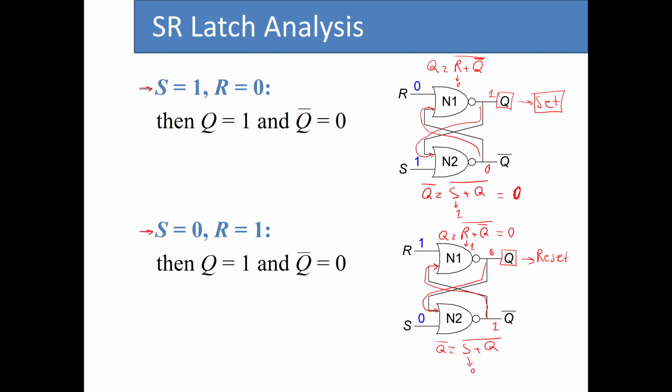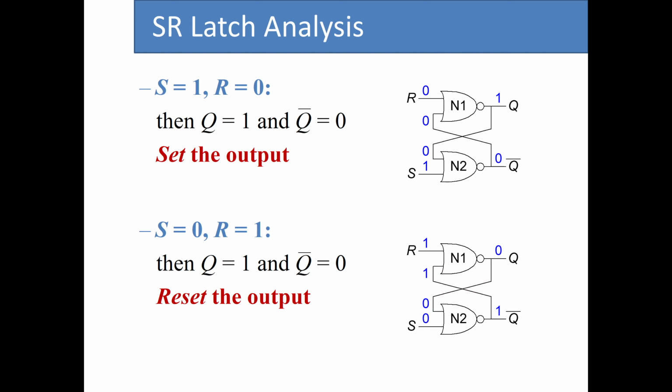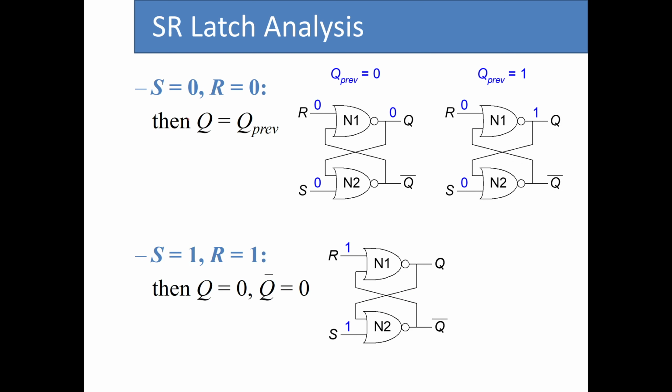But still, we didn't talk about the memory functionality. So let's just go over the next combination. The next combination is for when S and R are both 0. So in this case, we have R to be 0, S to be 0.